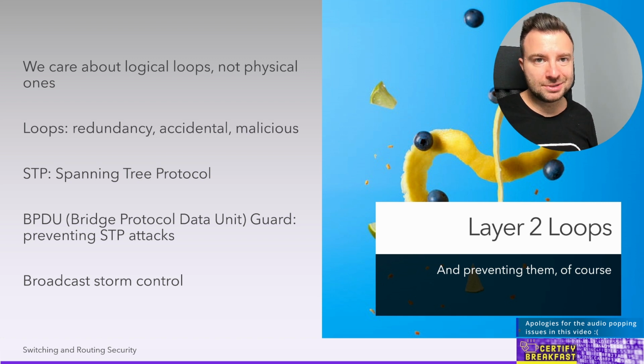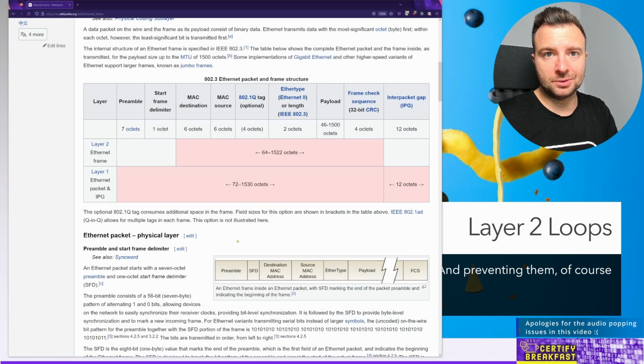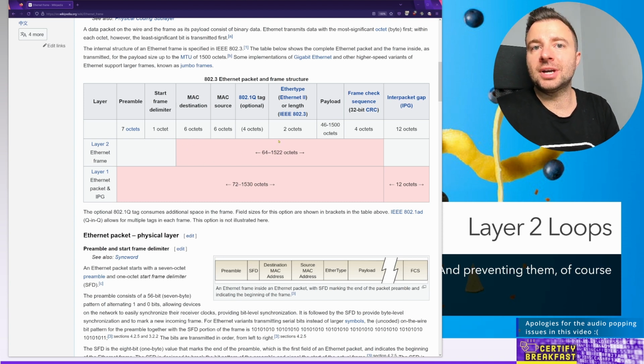Now, logical loops, that is loops in the actual traffic path, well, at layer 2, they're not so good. Because at layer 2, if we look at the generic Ethernet frame structure, unfortunately, there's no such thing as a time to live or any loop prevention mechanism.